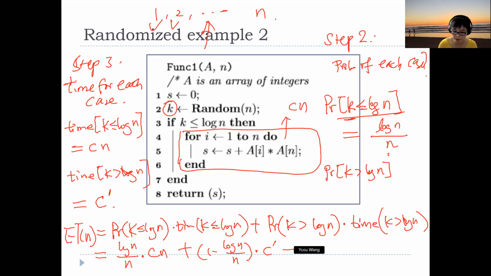Okay? All right. The first one, n cancels. Which means that we basically get c log n. And for the second one, we don't exactly know what log n over n is, but I don't care because I know that 1 minus this has to be smaller than 1, so it's still a constant. So the whole thing as such is only log n because this is the dominating term.